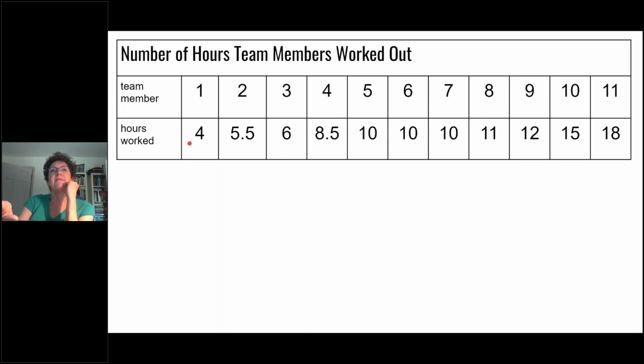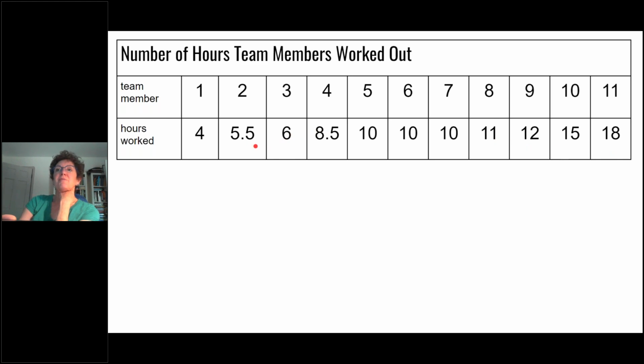And then this is the number of hours that they worked out in 1 week, let's say. And so notice that I put the data in order. If it had been mixed up, the very first thing we would do is put it in order from least to greatest. Cannot work with box plot data unless we have our data in order from least to greatest.